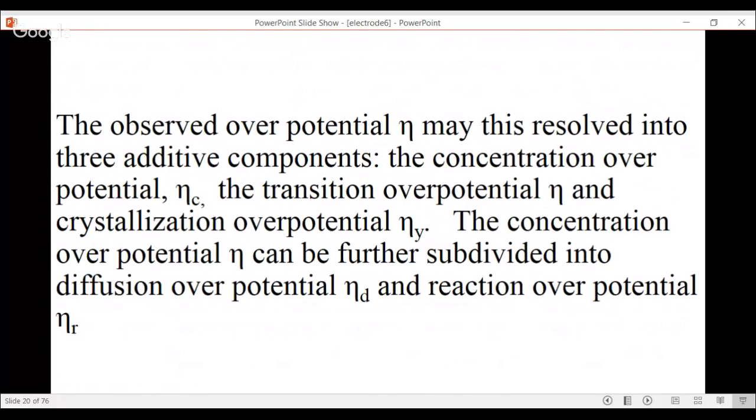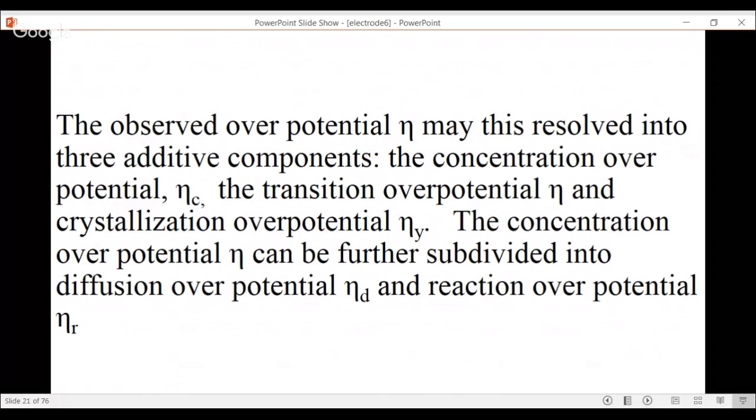The observed overpotential eta may thus be resolved into three additive components: the concentration overpotential, the transition overpotential, and the crystallization overpotential. Within this, you can have varieties of them. We will see all of them later. Yesterday, I explained this. Anyway, the concentration overpotential can be, as I just told you, due to concentration being diluted if the reaction produces water.